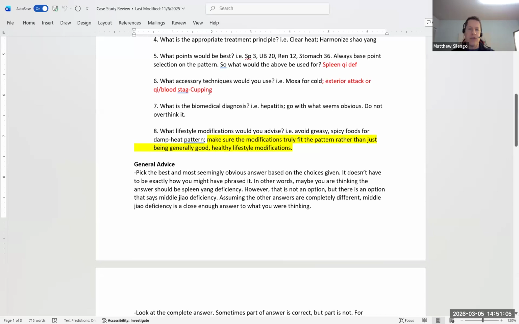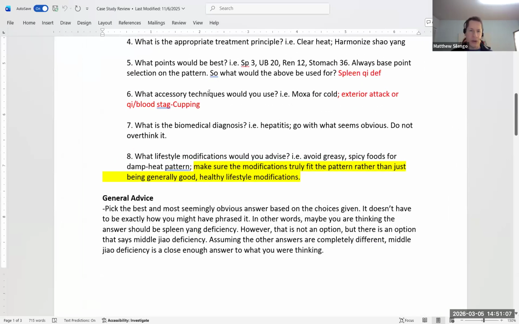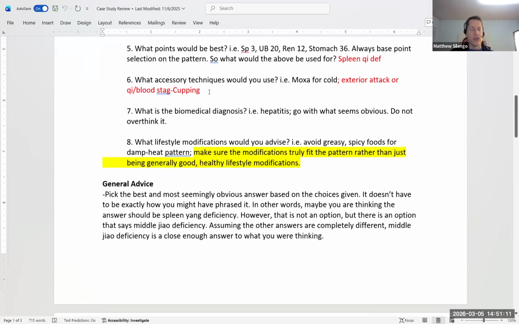Then they ask sometimes, what points would you use for this patient? What point combination would you select? Now, here's where the question sometimes comes up, where students ask, do I need to study all of those cards that I got in the point combinations class where it listed every pattern and every point combination? I'm going to give you an answer that's kind of up to you.